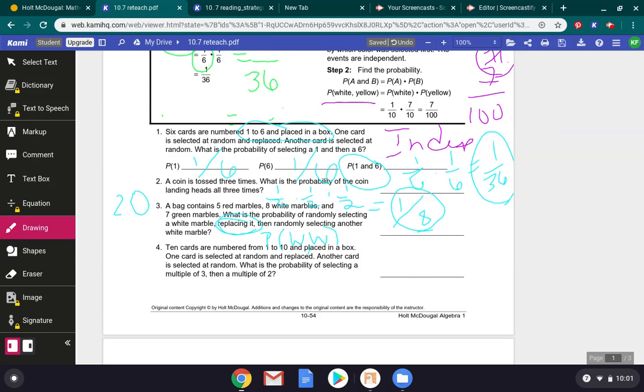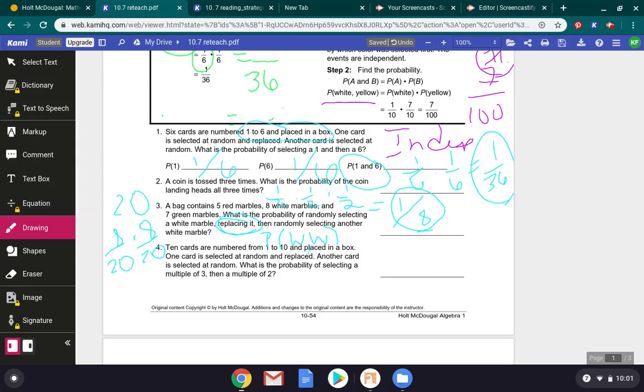All right, so we have 8 white marbles. So for the first marble that we pull, that's an 8 out of 20. And then we're going to put that marble back in the bag. And now we're going to pick again. So now when we pick again, there's still 8 out of 20 marbles that we can choose from. Okay. Now, with these fractions, you can reduce them.